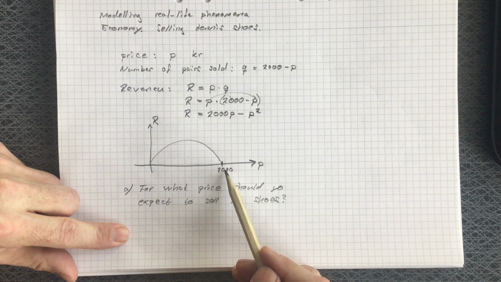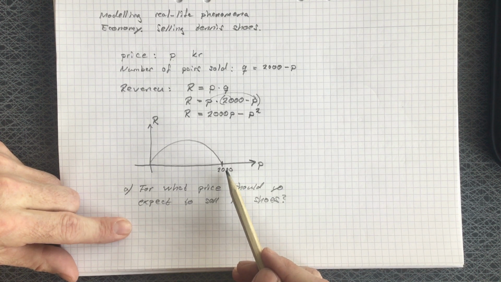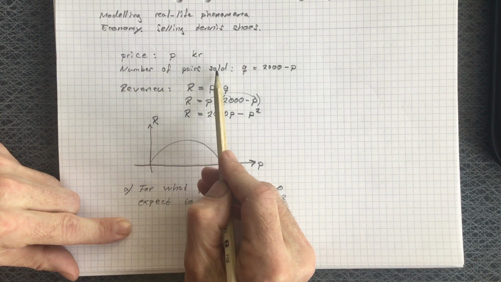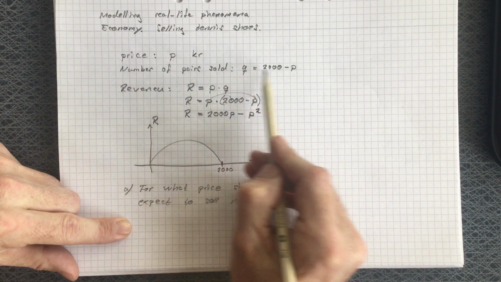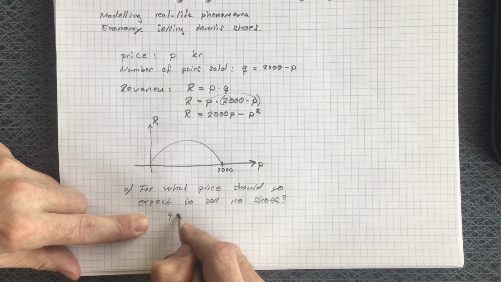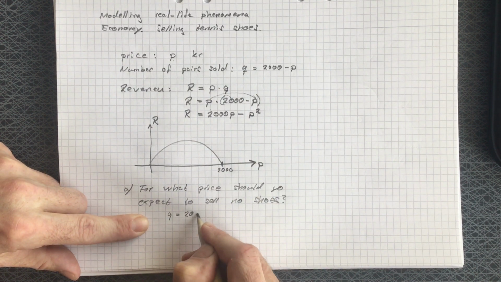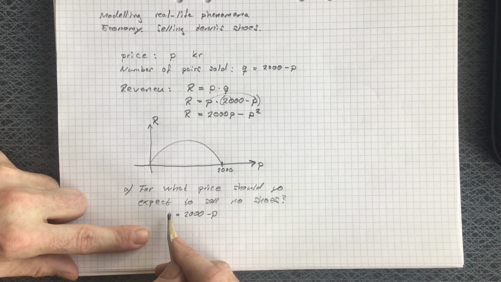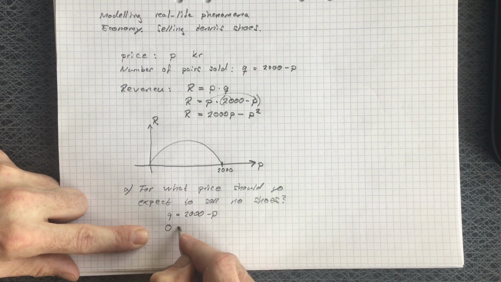Well, I told you it's 2,000, but how do you know? Well, no shoes. Number of pairs sold, that's no shoes. That depends on the price. So Q is equal to 2,000 minus the price. Now, if you have no shoes to sell, then Q has to be 0.